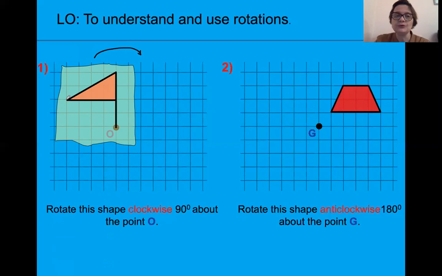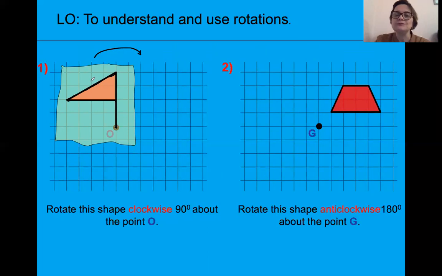Then you trace over it. I would advise you to not only trace the shape, but also join the rotation point, point O, with a line to the closest point of the 2D shape.